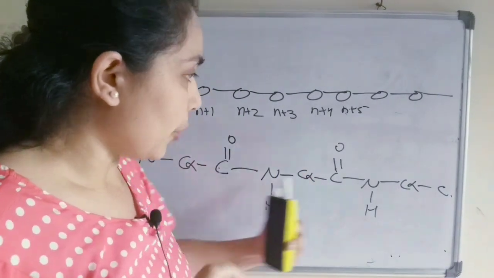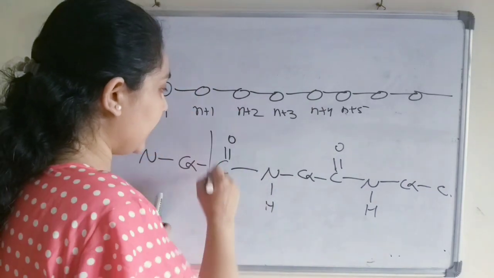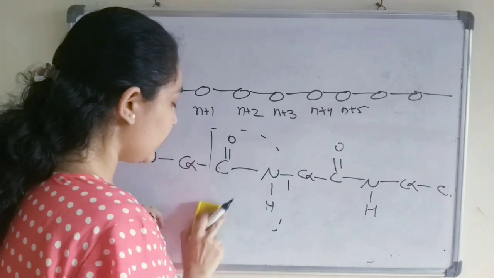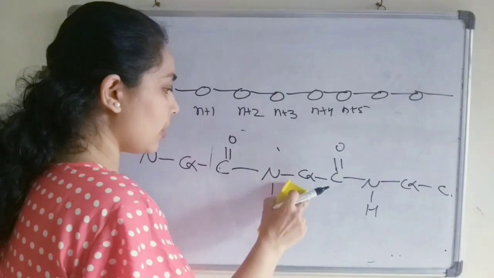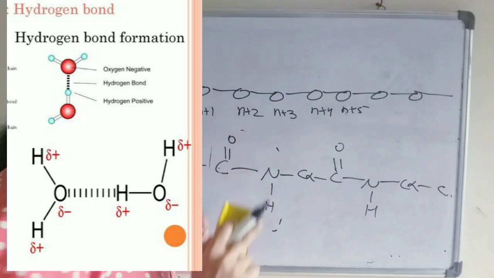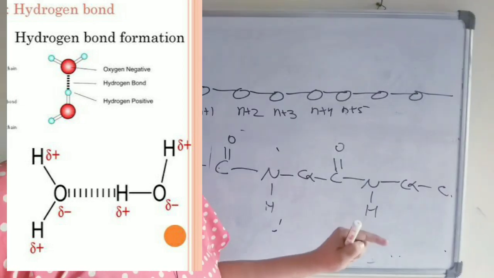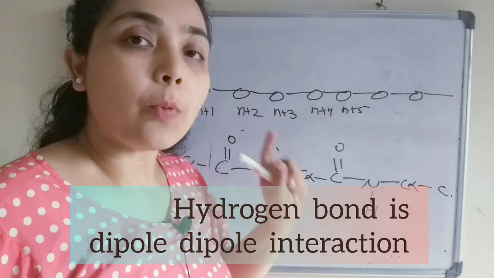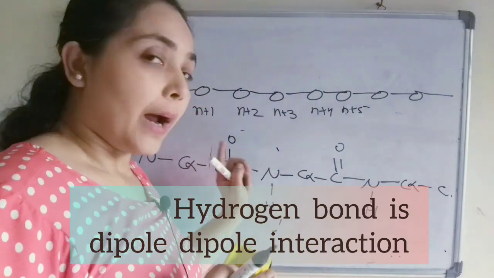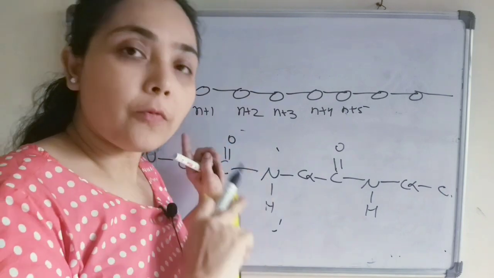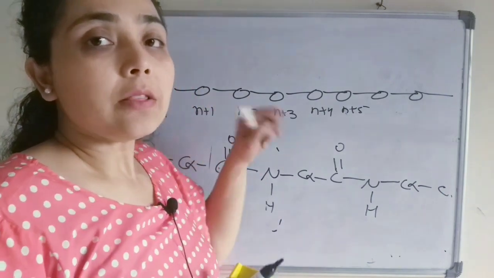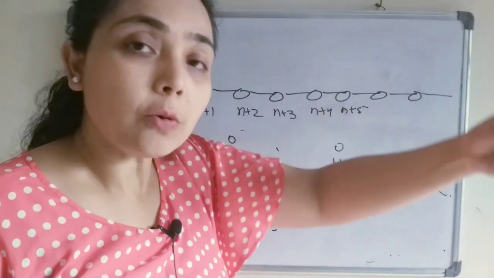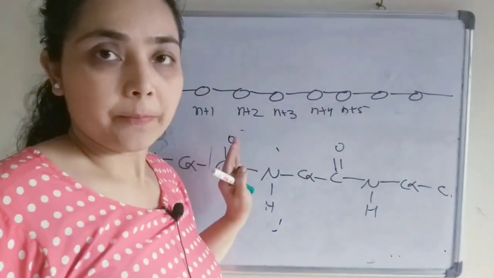We know that this is a polypeptide chain, this is a peptide bond. This much, CONH, is a peptide bond. Here in the peptide bond, the oxygen is more electronegative and the hydrogen is electropositive, partially electronegative, partially electropositive. So the hydrogen bond is formed between partially negative oxygen from one amino acid and partially positive hydrogen from another amino acid, which is a few amino acids away from the first one.